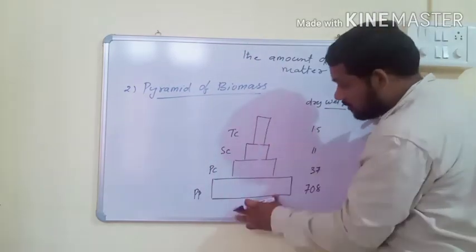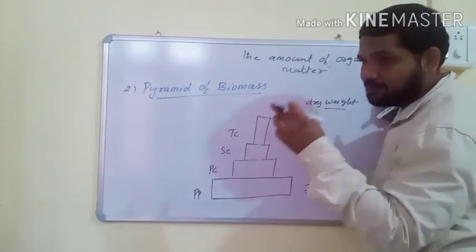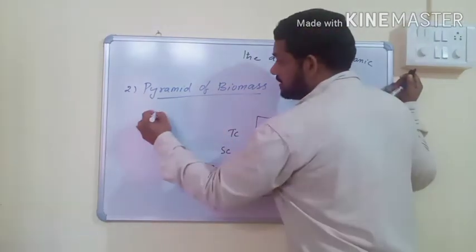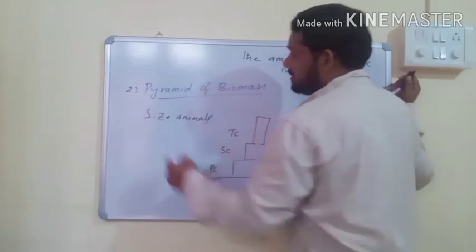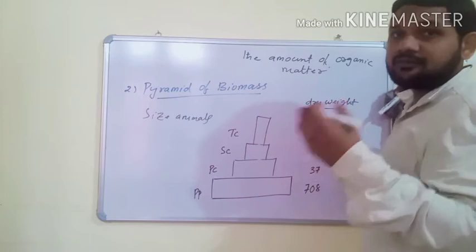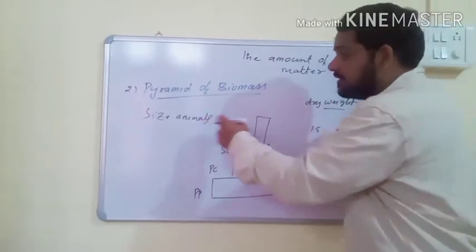The pyramid of biomass is more real than the pyramid of numbers, because the pyramid of number does not take into consideration the size of the animals or the size of the individuals. The pyramid of biomass considers the size of animals.